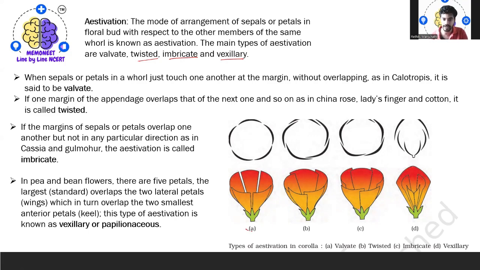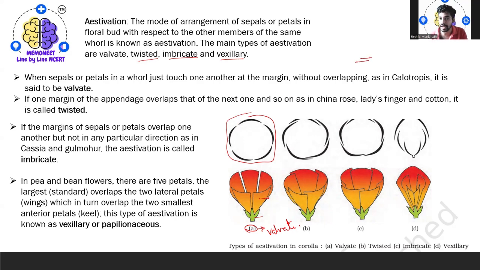This figure is actually valvate. In valvate, the sepals or petals that you're seeing in the whorl just touch one another at the margin, without overlapping.